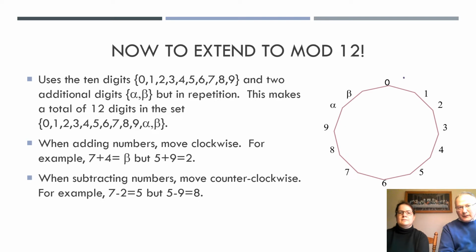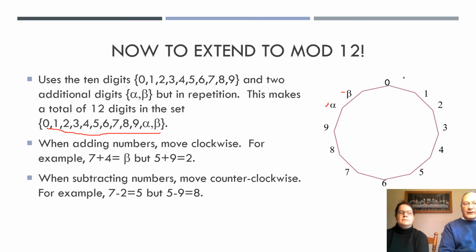Let's call them alpha and beta for now. So we have 12 digits, 0, 1, 2, 3, 4, 5, 6, 7, 8, 9, alpha and beta, which is this set right here.